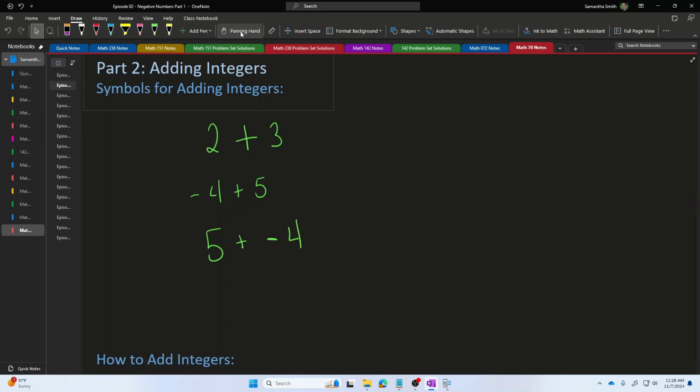However, if you put the -4 in the back, it's kind of messy to have the plus sign and the negative symbol right next to each other. So in a situation like this, we will put parentheses around the negative number just to make it a little bit less messy and separate the plus sign from the negative sign.